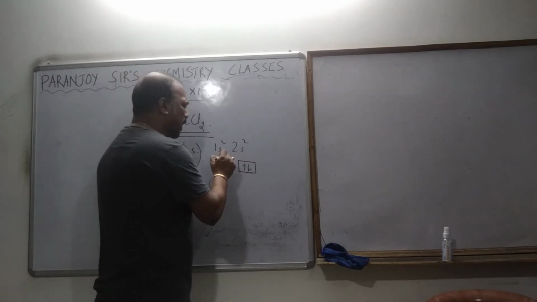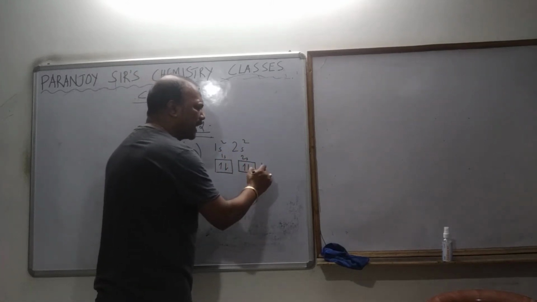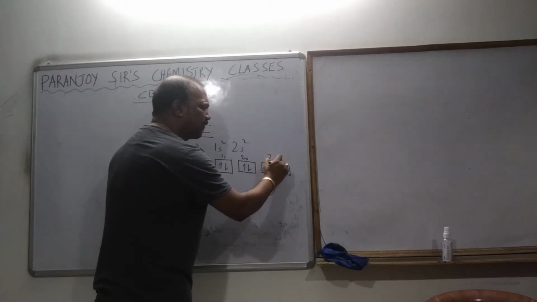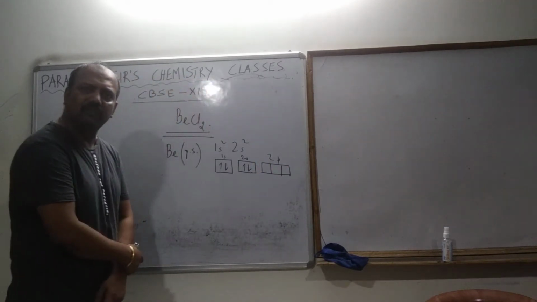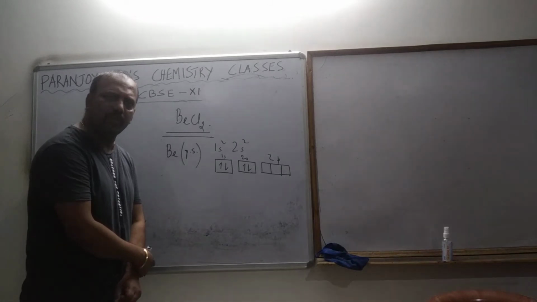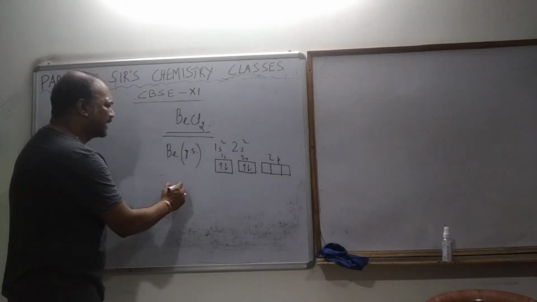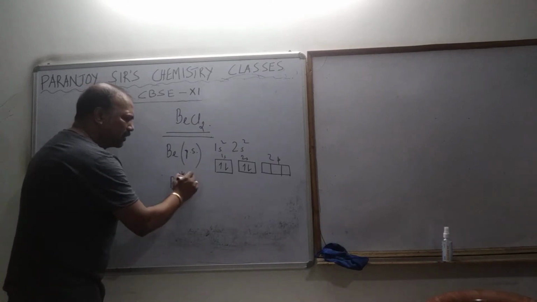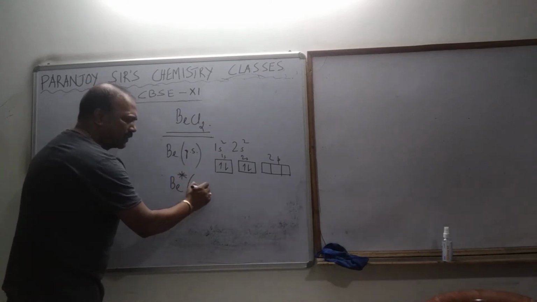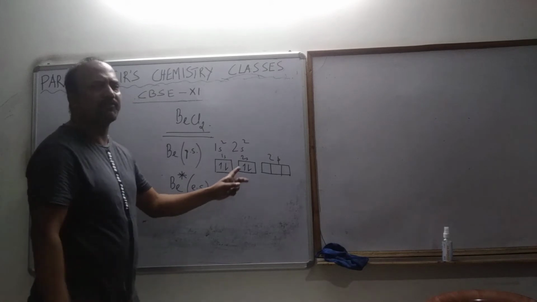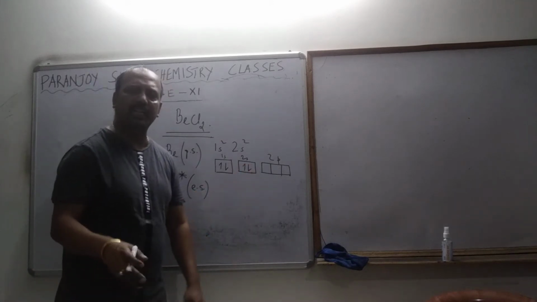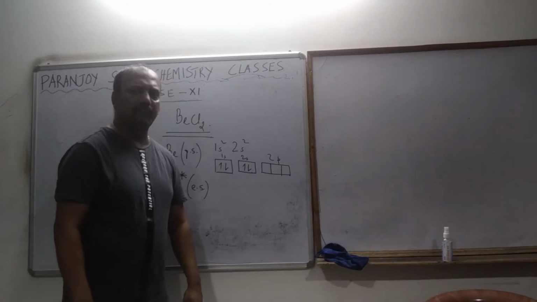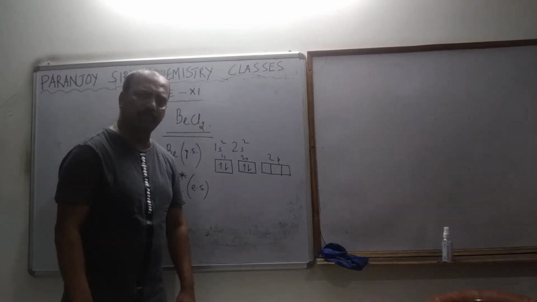Now here this is 1s, this is 2s, but next to it there is another orbital, 2p, which is vacant, where there is no electron. In its excited state, we write it like this, Be star. The valence shell electrons are mainly responsible for bond formation.